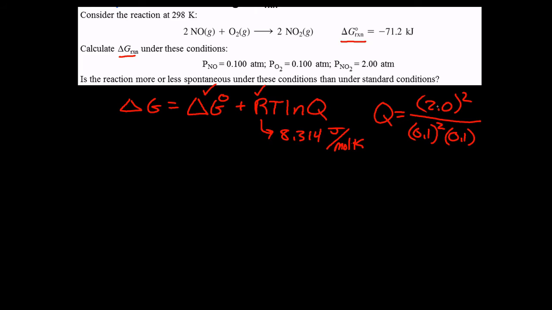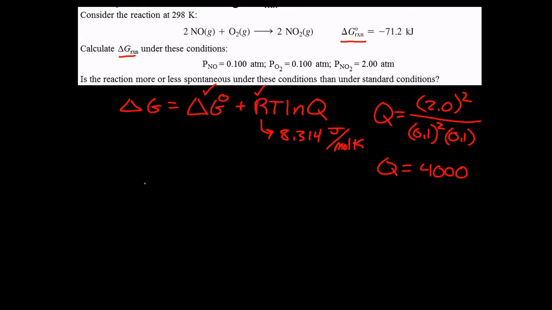So really this is 2 squared over 0.1 cubed, since we have essentially 3 0.1s in the denominator. If we do the math for Q, that is 4 divided by 0.1 raised to the 3, which is 4,000. So that is our value for Q.